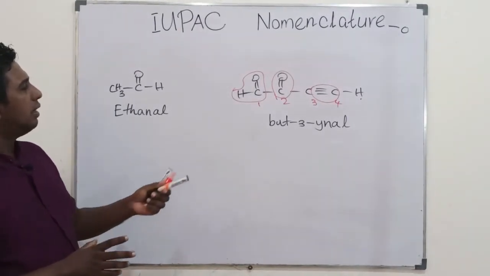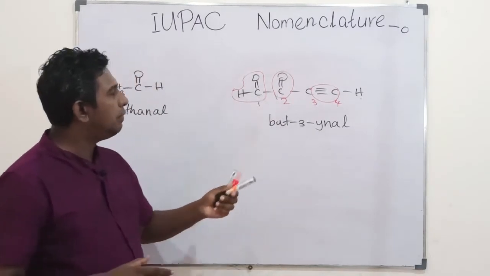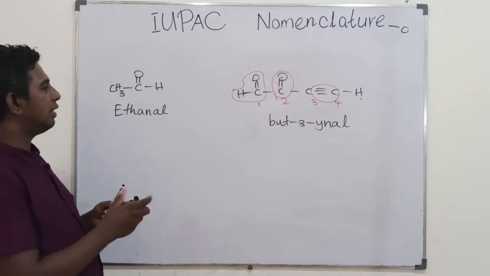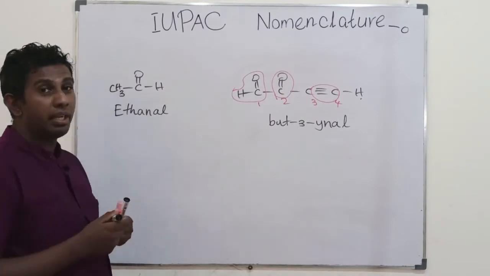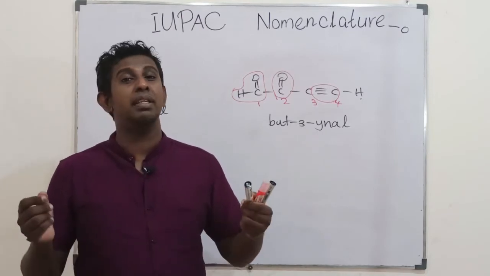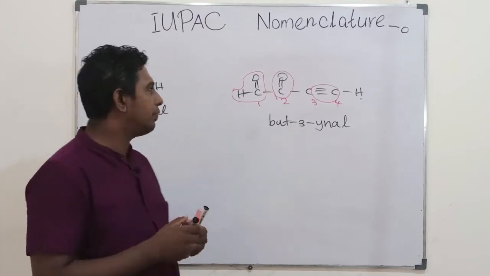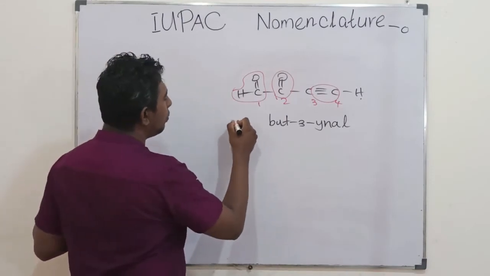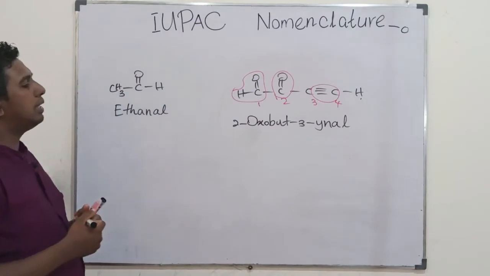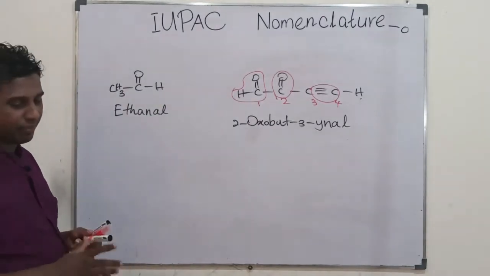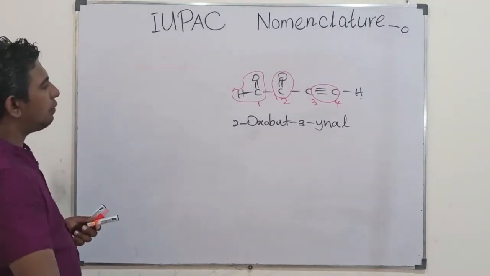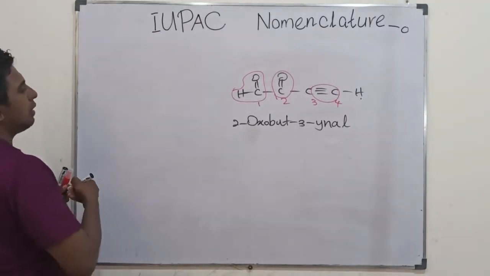The subfunctional group we have not considered yet is this, a ketone on the second carbon. So ketones, when they are subfunctional groups, are written with the prefix oxo, 2-oxo, but-3-ynal is the name.